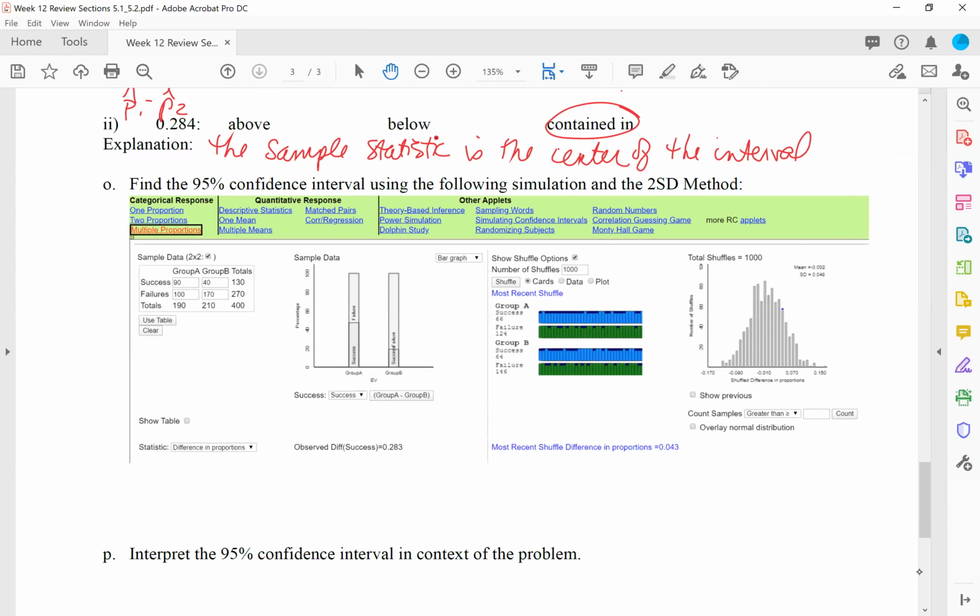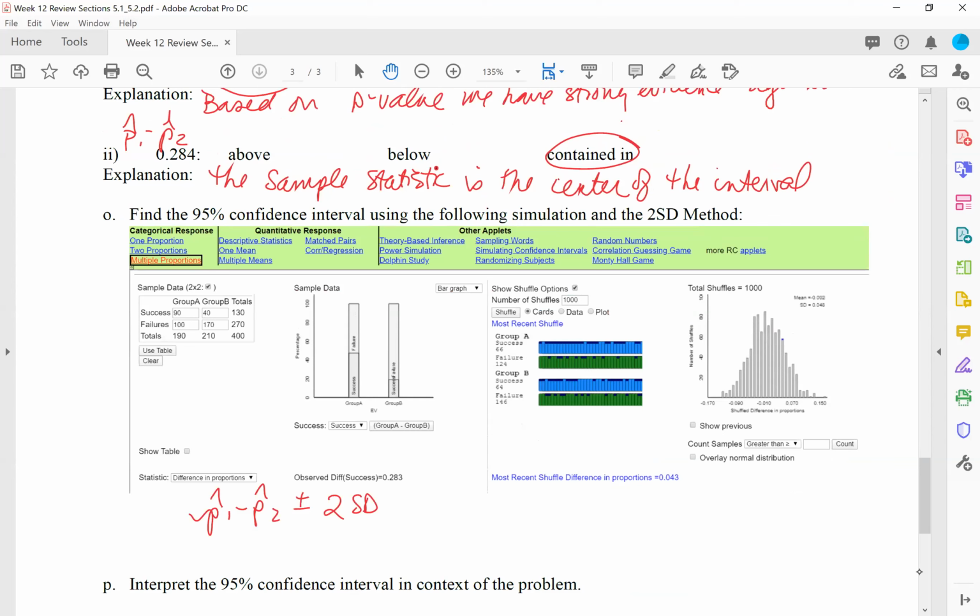So to find this confidence interval, we always look at our statistic plus or minus 2 times the standard deviation of the null. So we still have that 0.284, which was our sample statistic, plus or minus 2.